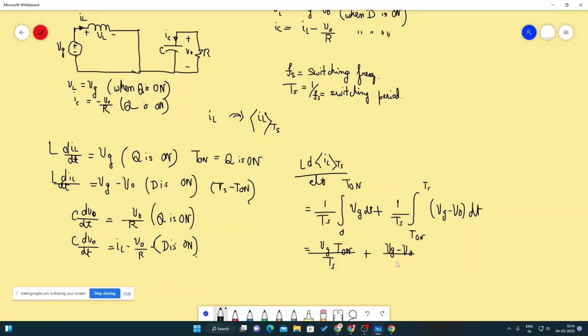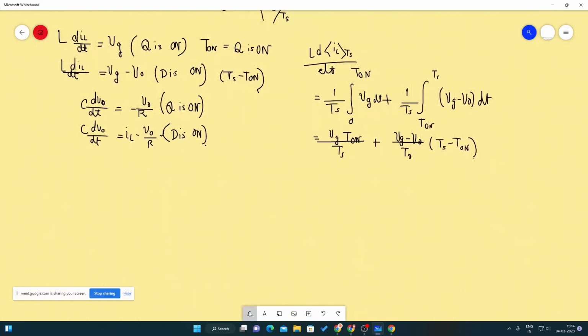So this is T on. So this will be Ts minus T on. So this thing T on by Ts, we will consider this to be the duty D, which is equal to T on by Ts.